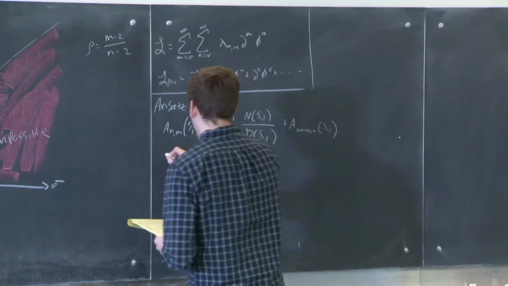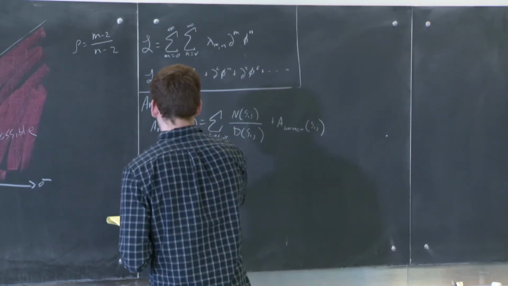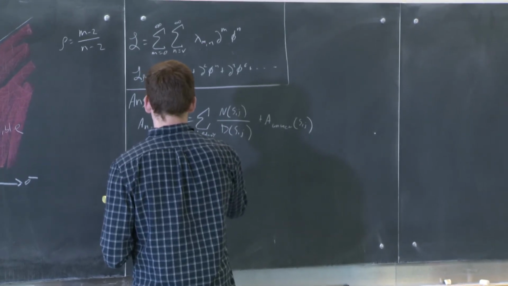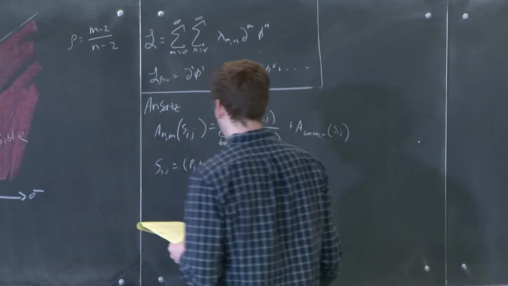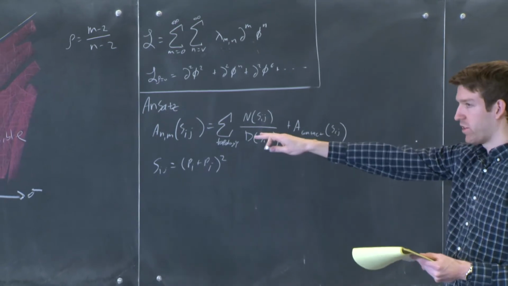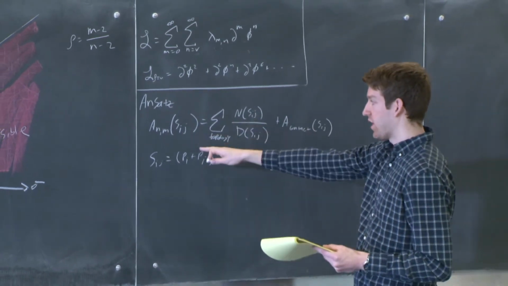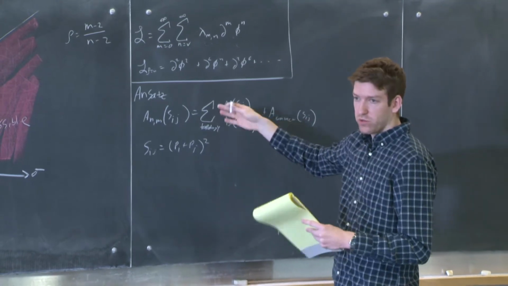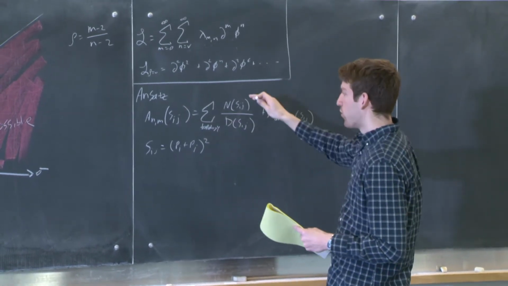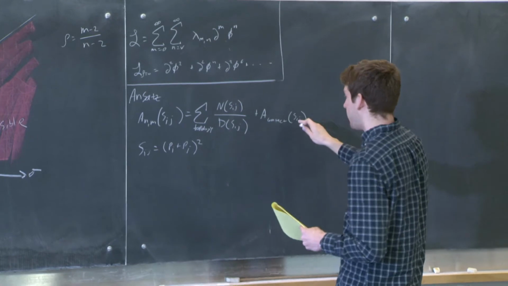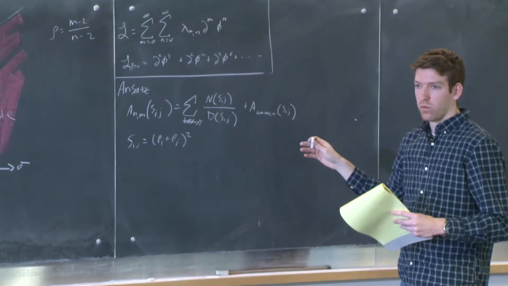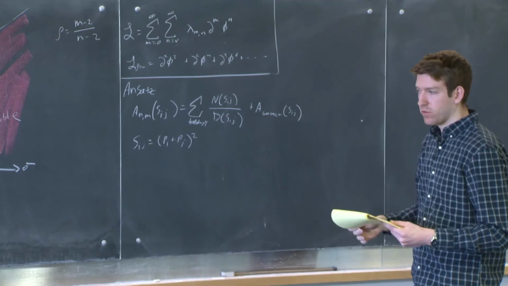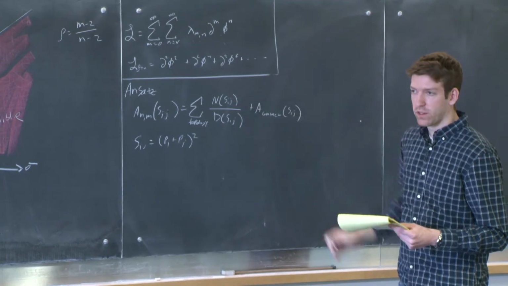Where these Sij are kinematic invariants. So the general amplitude, parameterized by n and m, as a function of these kinematic invariants, is the sum over topologies, different tree structures that you can form, of some numerator over some denominator, and then there's this contact piece, where there are no internal propagators, so it's just a single interaction. So this is some polynomial in momenta, this is some rational function of momenta.